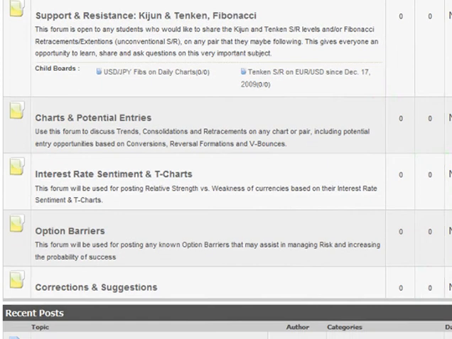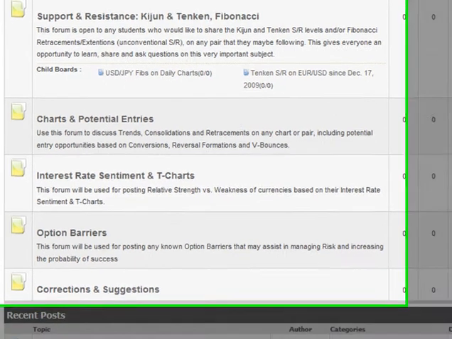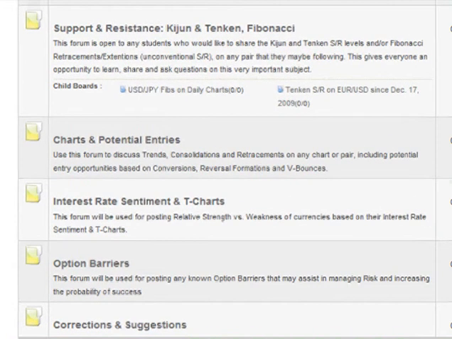Interest rate sentiment and T-charts. What we're looking for here, and obviously, you can post anything you want to on these as long as you're being respectful to other people and you're using good judgment with what you put on there. But what we're looking for on interest rate sentiment and T-charts is people to start talking about what are the changing conditions that they're seeing in the various economies that may relate to a change in the interest rate sentiment.